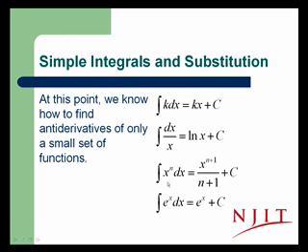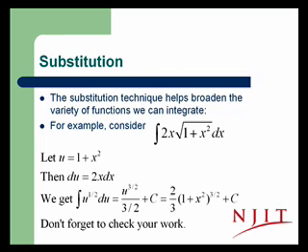The antiderivative of x to a power n is x to the n plus 1 over n plus 1 if n does not equal negative 1. The integral of e to the x is e to the x. We know how to integrate sine and cosine, 1 over 1 plus x squared, and a few other functions. But the list is pretty small.